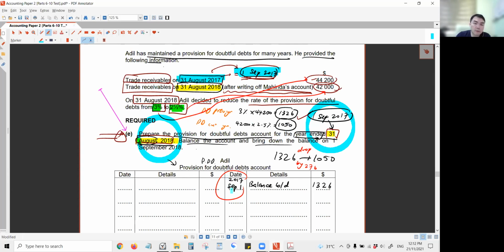So you write September 1st, 2017. That's the way they describe the question. You have to understand this means the same as this. We are doing it for the period September 1st, 2017 until 31st August 2018. The date next to the balance BD is always the first day of the year.